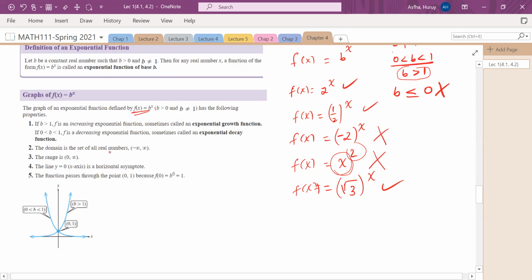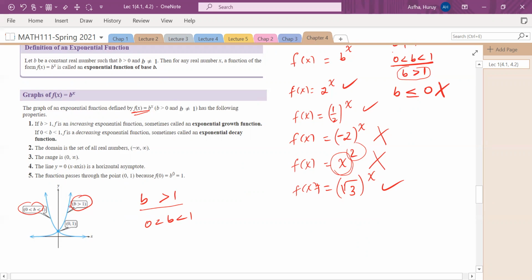Okay, remember we have two different ranges of values for b. One is greater than 1, another is between 0 and 1. So if b is greater than 1, we have an increasing function that looks like this one. And if b is between 0 and 1, then we have a decreasing graph like this one.